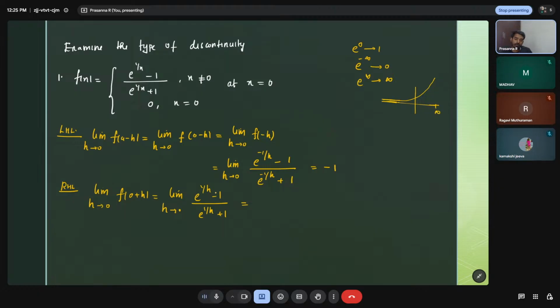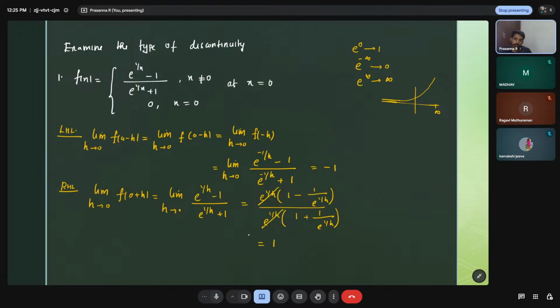Whenever you have this, you just take e power 1 by h outside. This will be 1 minus 1 by e power 1 by h, and in the denominator, 1 plus 1 divided by e power 1 by h. These two will get cancelled. Now when h is tending to 0, this will tend to infinity and 1 by infinity will tend to 0. So this will tend to 1.